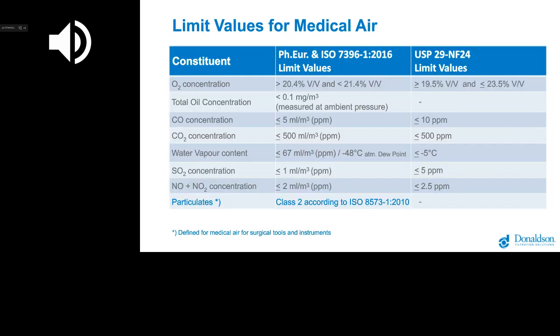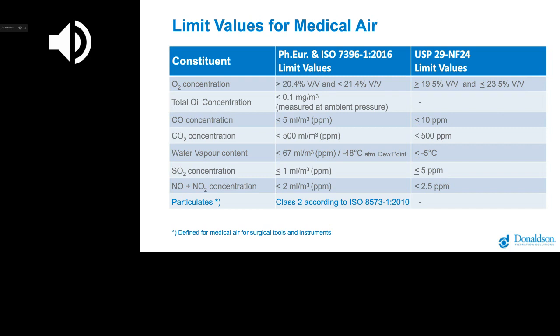So what are the standards for medical air? You'll see on the left-hand side the constituents, and then we have the two pharmacopoeia regulations. The first line is for Europe, the second line is for the USA. You will see immediately within the O2 concentration that there is a larger range allowed in the USA.